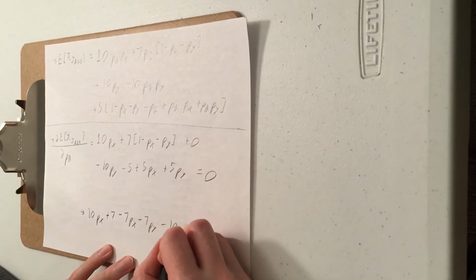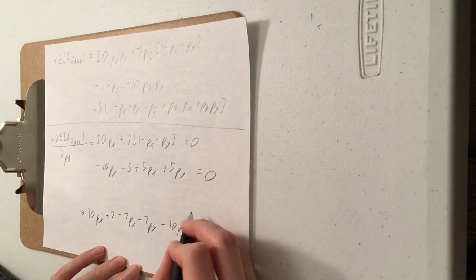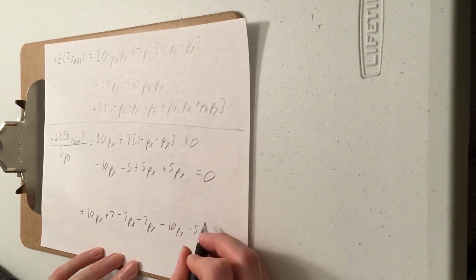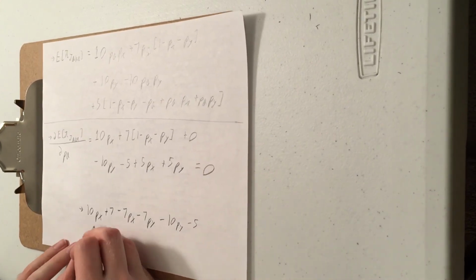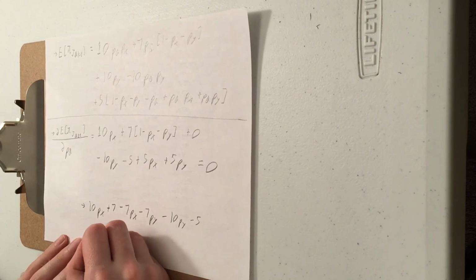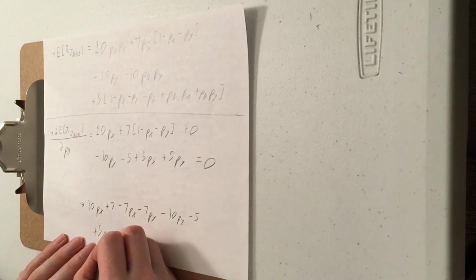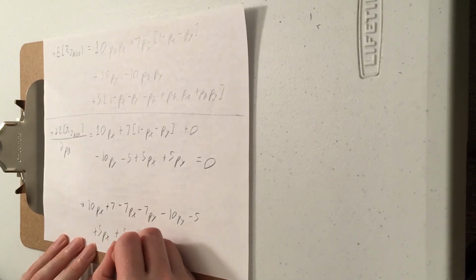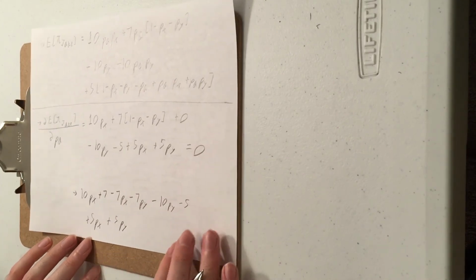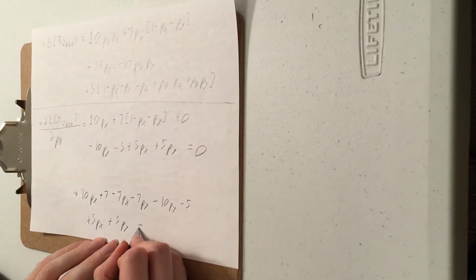So minus 10 PY minus 5 plus 5 PX plus 5 PY. And all that equals 0.